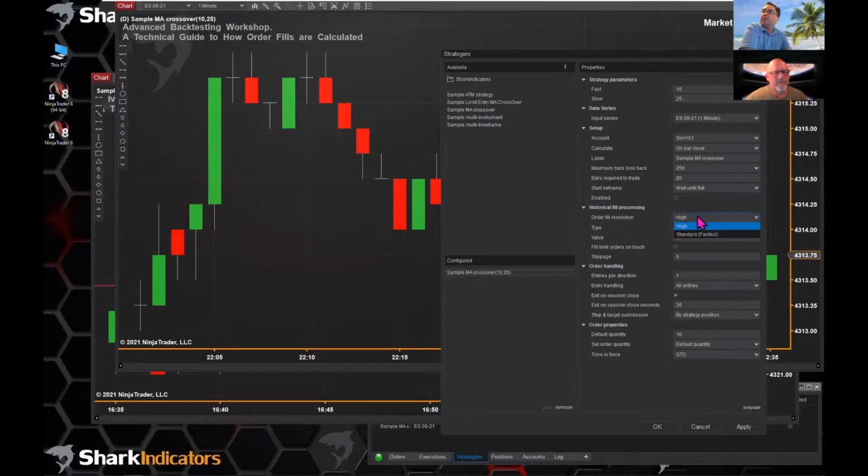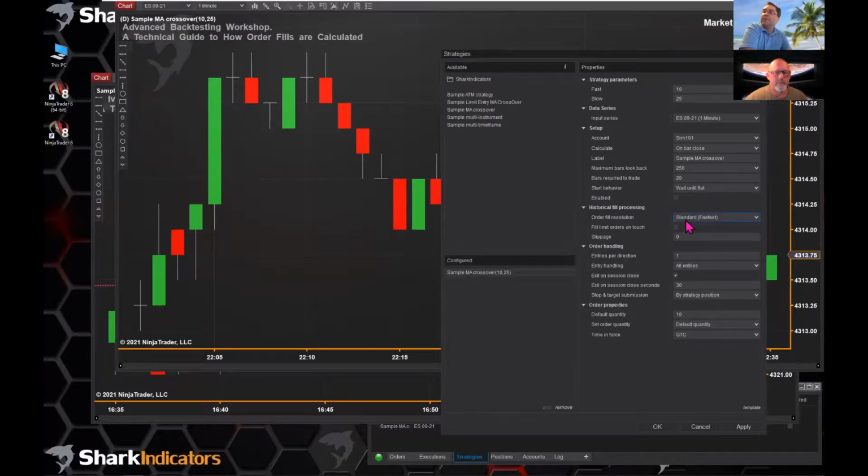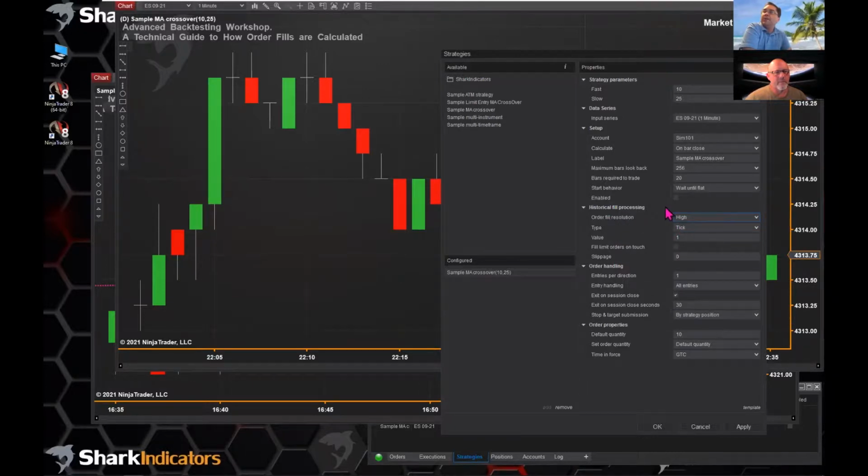Without this high resolution, if you do a standard back test, NinjaTrader is going to take a conservative approach, and it's always going to say your stop loss got hit first and your profit target did not get hit, right? With the high fill resolution, NinjaTrader can now figure out where the market went inside that bar.